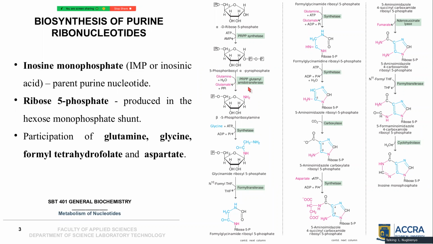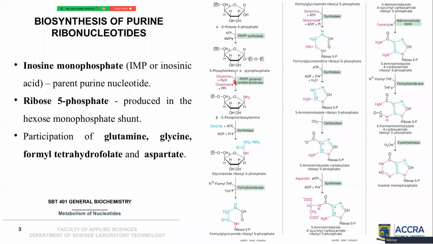So here again, you see that there is that connection of the metabolism of amino acids with the metabolism of nucleic acids. So you see glutamine, an amino acid, gets deaminated, and the amine group, which is removed from glutamine, is transferred onto the carbon 1 of the ribose 5-phosphate.